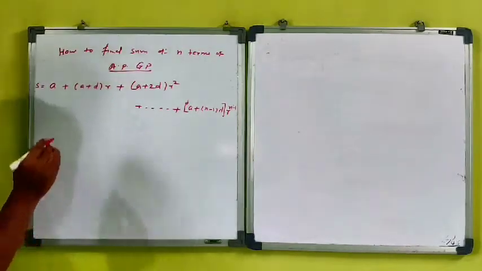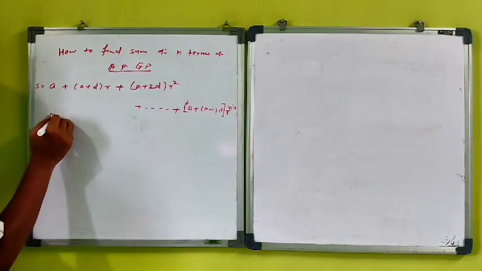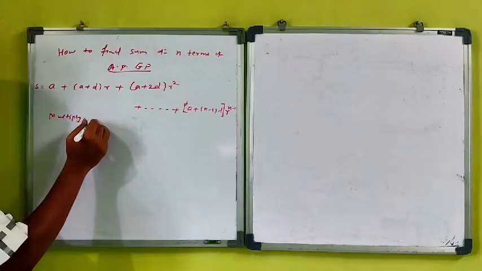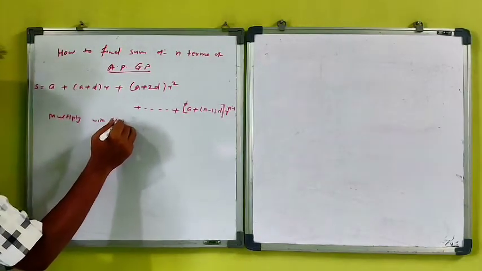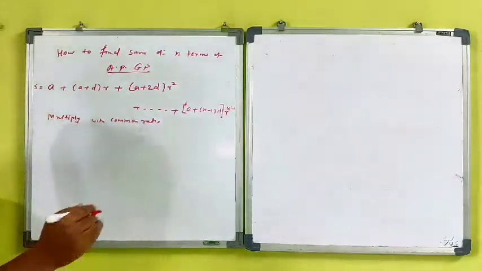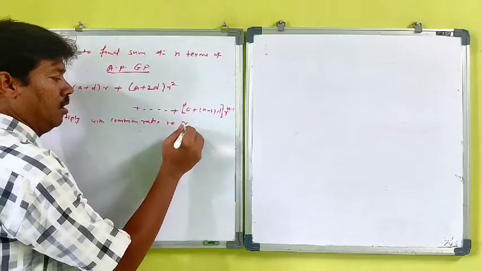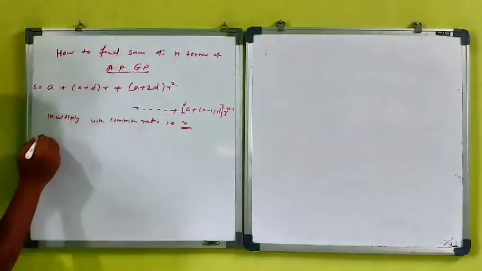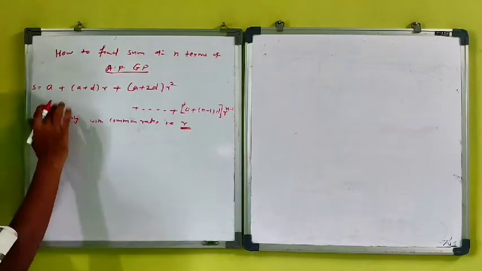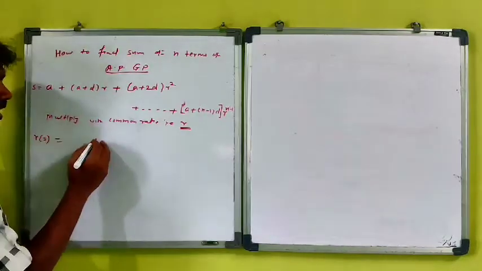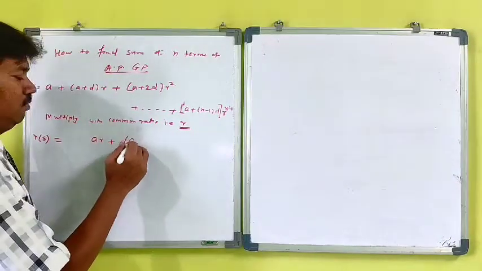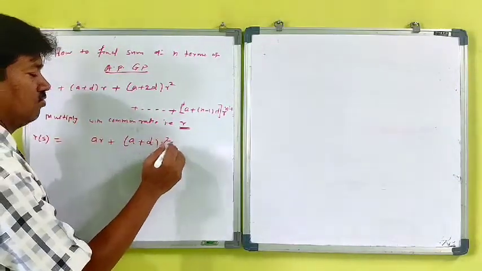So the first step is you have to multiply with the common ratio. So what is the common ratio? That is R. So throughout you have to multiply with the common ratio, R into S. That means in this term you have to write AR. You start writing in this one. Next will be (A plus D) R square.